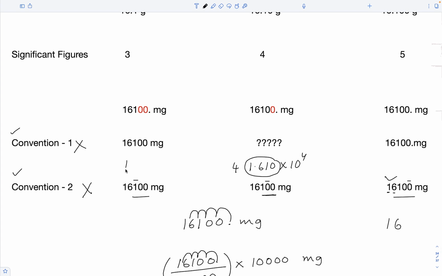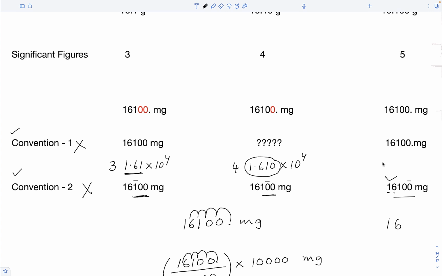Now in this case, how do we convey that there are only 3 significant figures? Simple. Write it as 1.61 multiplied with 10 to the power of 4. Now when you multiply this with 10 to the power of 4, you will get back this number. You know how to do that math. And if you look at this decimal, you would understand that there are only 3 significant figures.